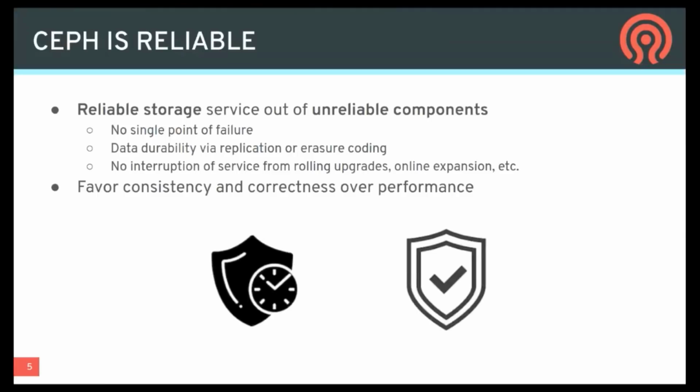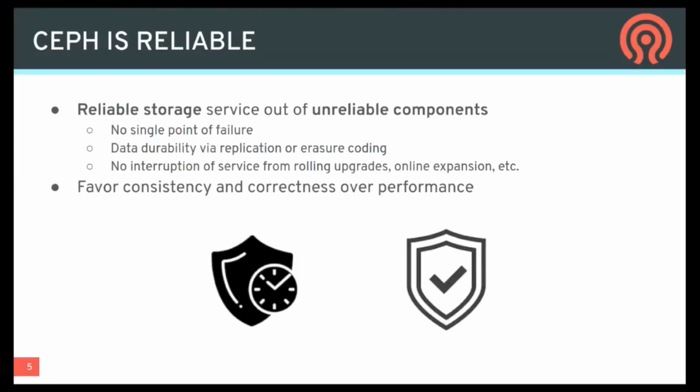Ceph is designed and built to be reliable. Our goal is to create a reliable storage service out of inherently unreliable components. So the architecture is designed with no single points of failure. It provides data durability via either replication or erasure coding of your data. And it's designed to be continuously available so that you have no interruption of service from rolling upgrades, expansion of your cluster, contraction, failures, and so on.